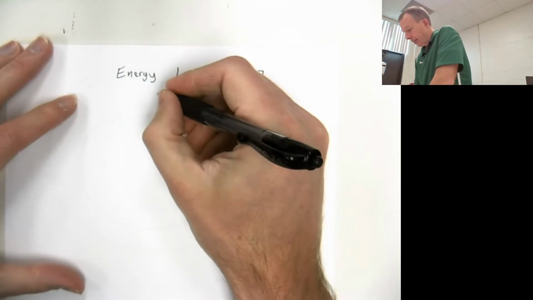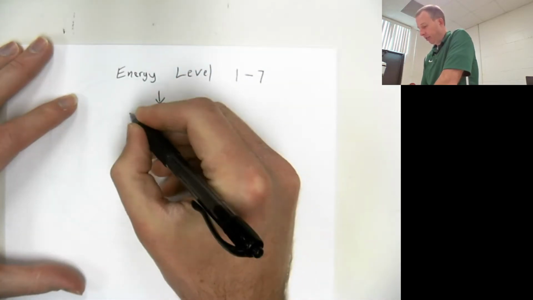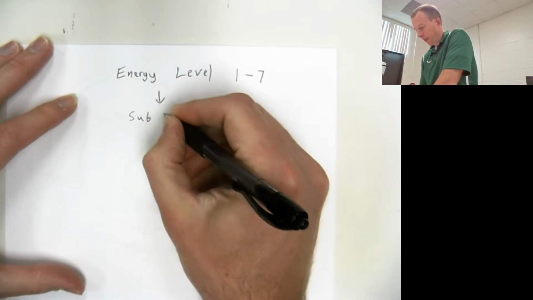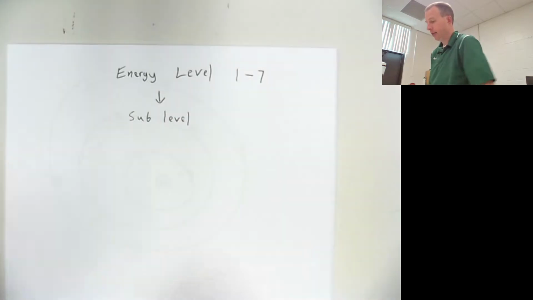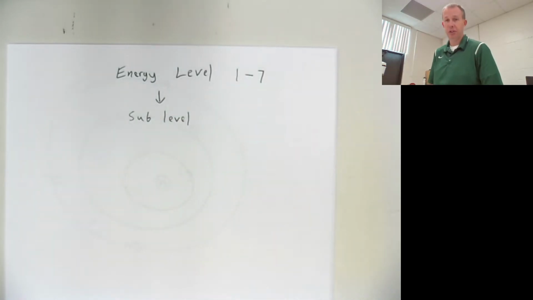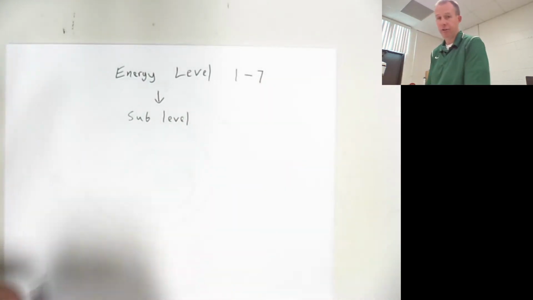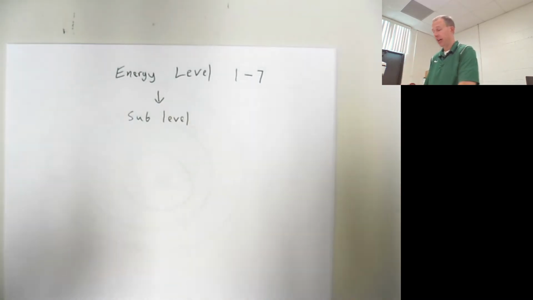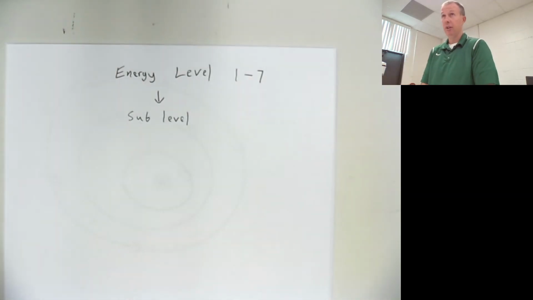The next thing down is a sublevel. There are 4 possible sublevels within each energy level. Theoretically, not every energy level has every sublevel, but in theory there are 4 possible sublevels.